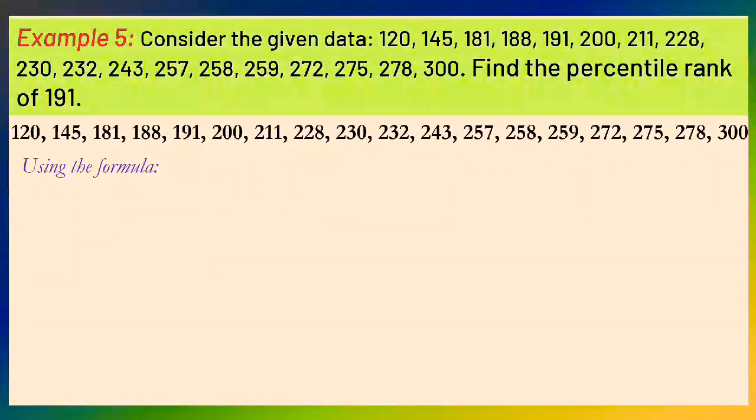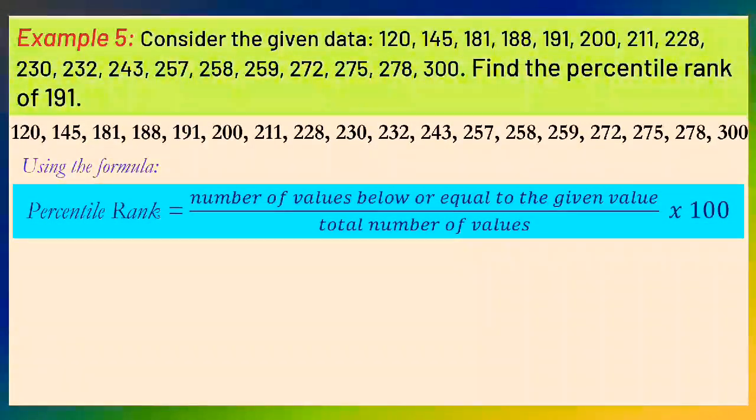And of course, since we are finding the percentile rank of a given data, we are going to use the formula: the number of values below or equal to the given value divided by the total number of values times 100. So we have the number of values below 191 is 5.